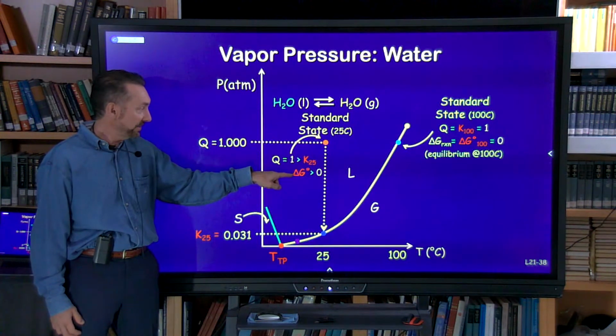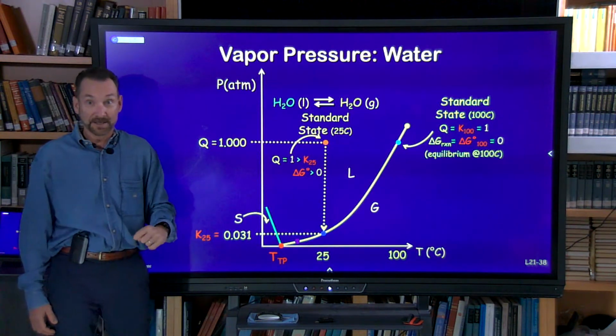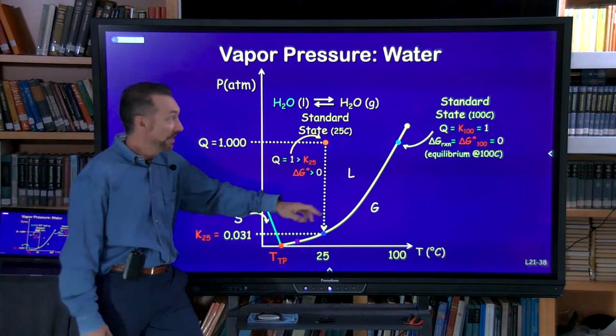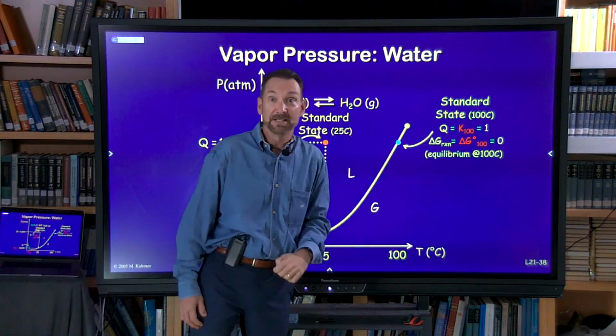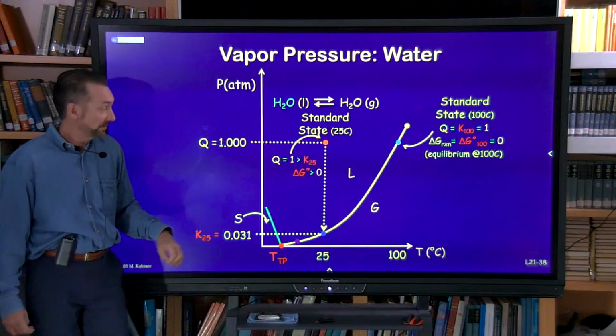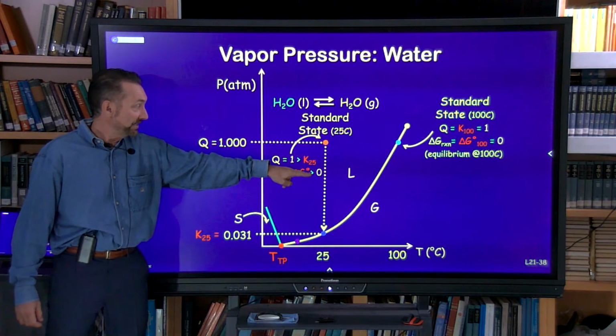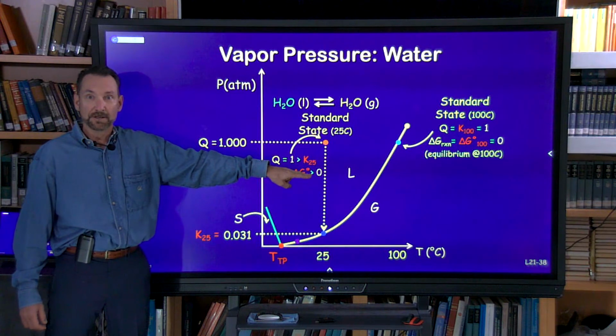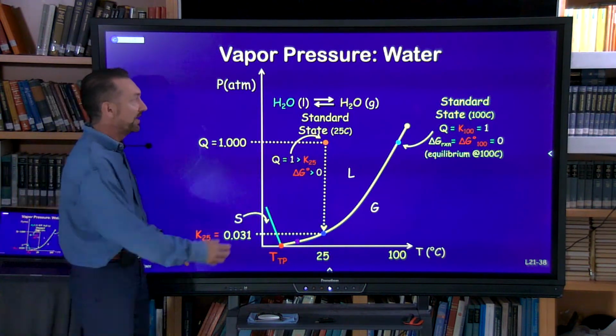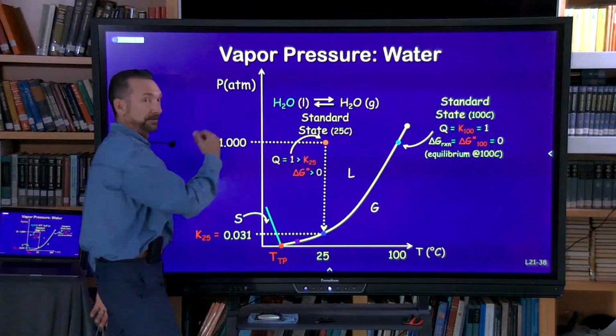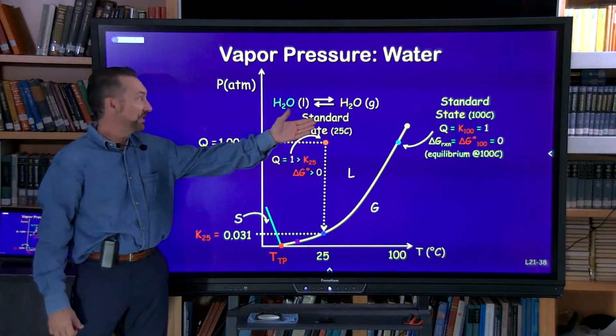K is a constant, and delta G standard is a constant at a given temperature, but they can be different values at different temperatures. So here, delta G0 is bigger than 0.